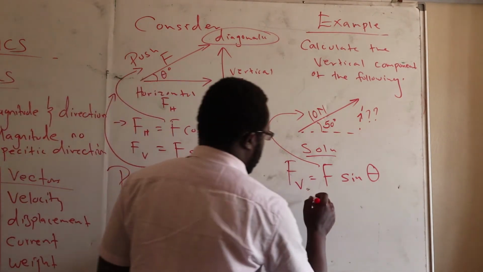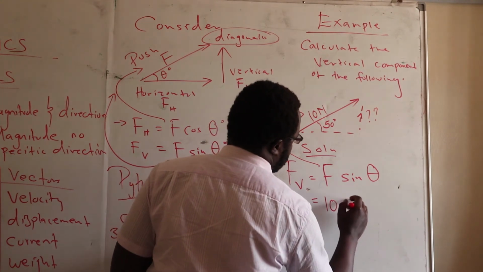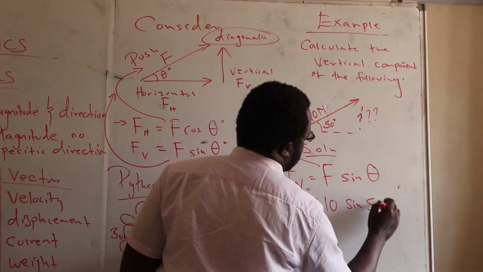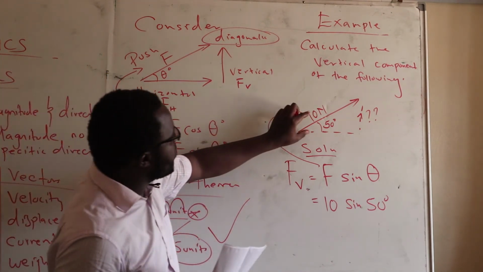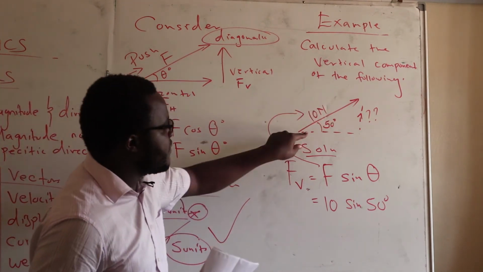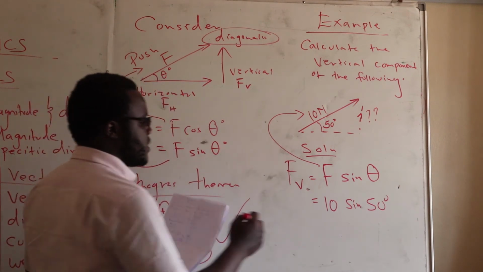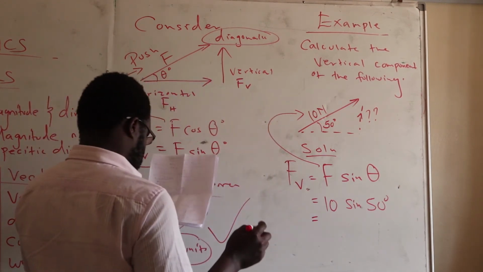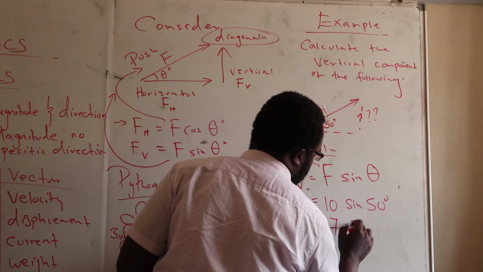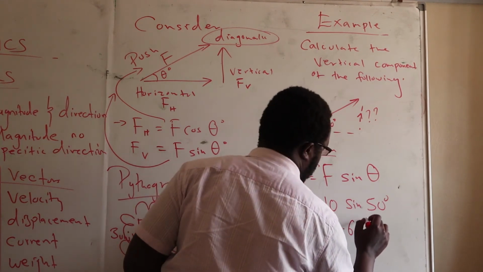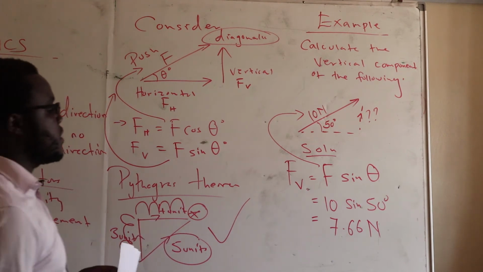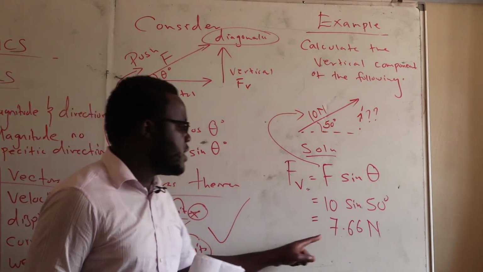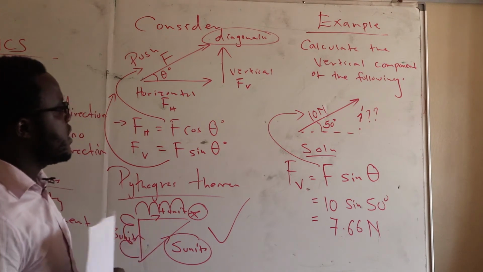So therefore we have this as 10 sine 50. The 50 degrees is the displacement that the diagonal push is having from the ground. So we have F vertical equal to 7.66 newtons. F vertical, the force that is applied vertically, is 7.66 newtons.